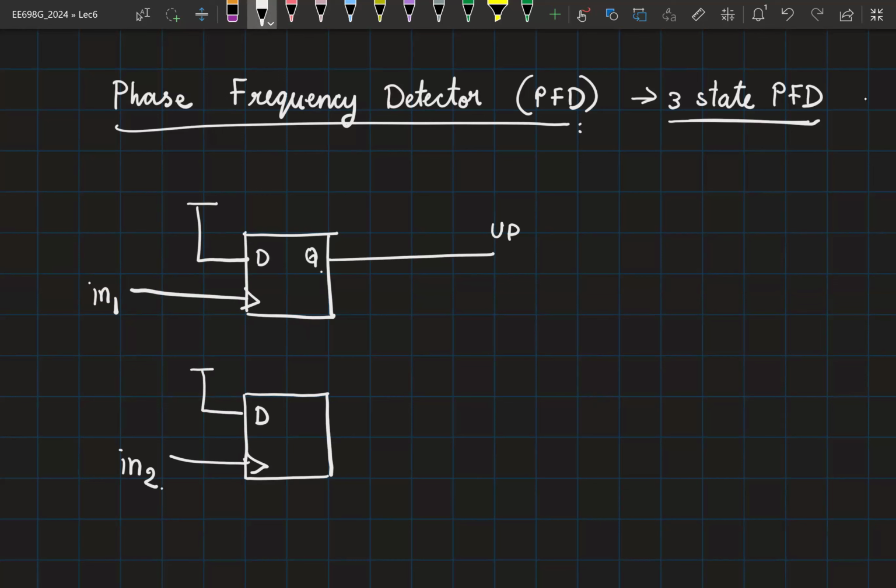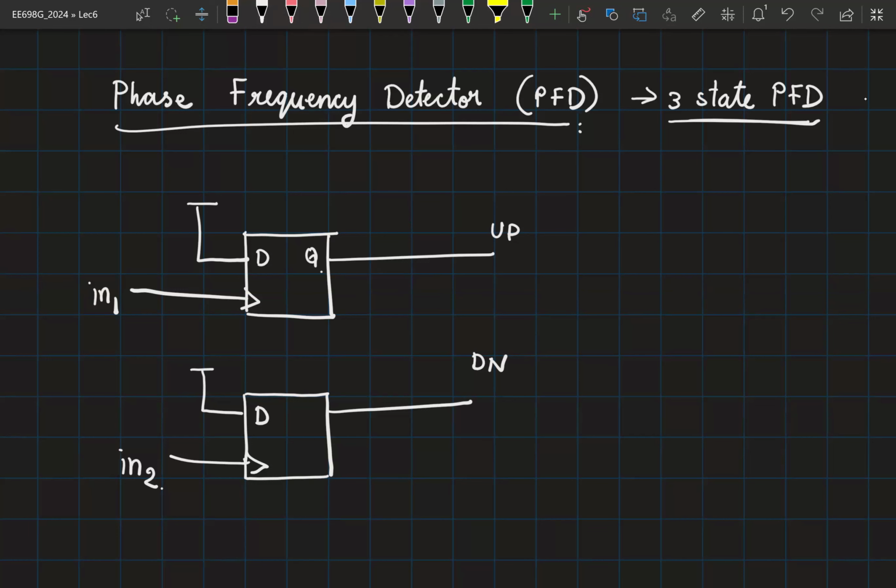And this is my up, this is my down, right? So now you can imagine that both up and down are going to be sensitive only to rising edges in in1 and in2. Do you see any problem with this arrangement? You have up and down. Right. Correct. So the moment your first rising edge of in1 comes, up will go to 1. Right? For every other rising edge, you are simply going to sample 1. So it will go high once and stay there. Same problem with in2 also.